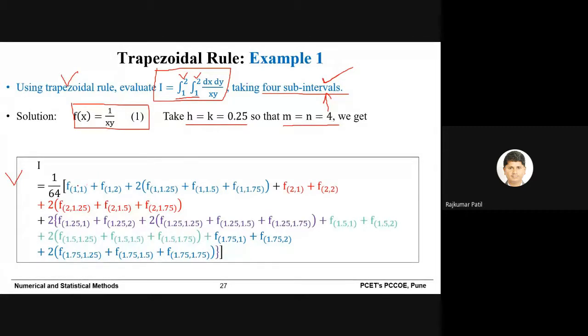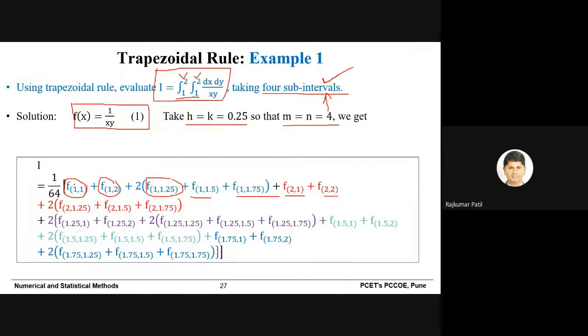Now what you need to do is find out all these terms, f11, f12, f1.1, 1.2 and so on. So you can see it is a tedious task. So how will you do it?